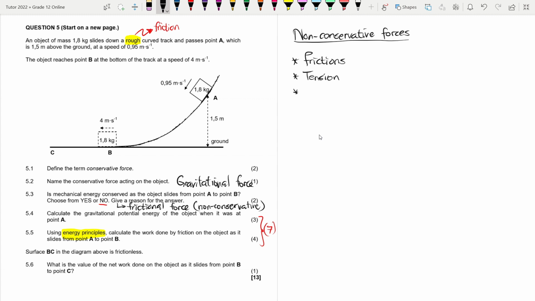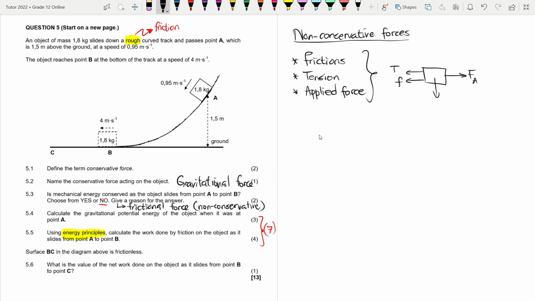Force applied. Yeah, obviously also applied force. And maybe the list can go on, but these are all the forces. Let me see if I can make an example. If this is friction, this is tension, this is force applied.